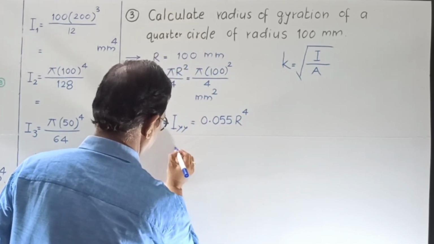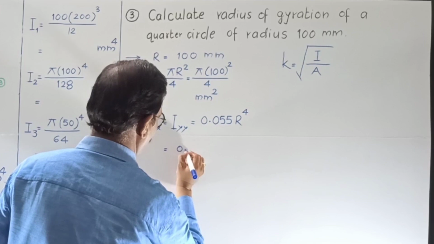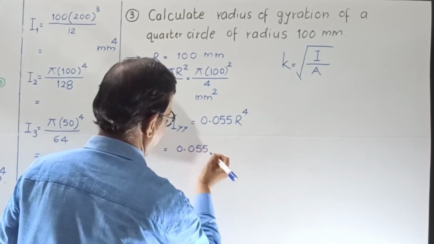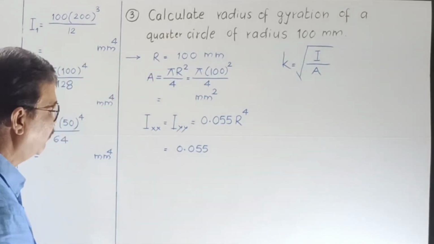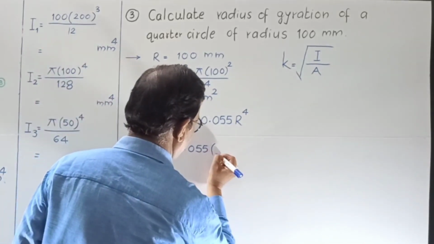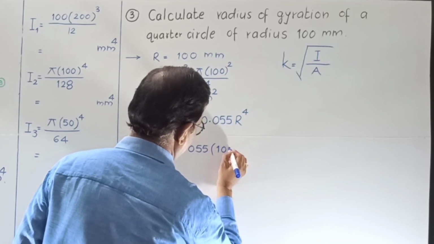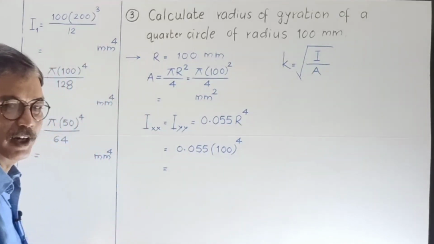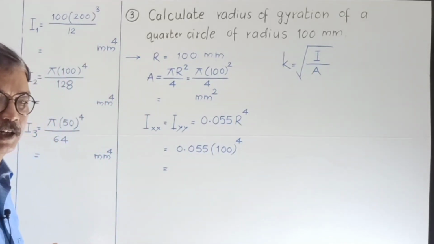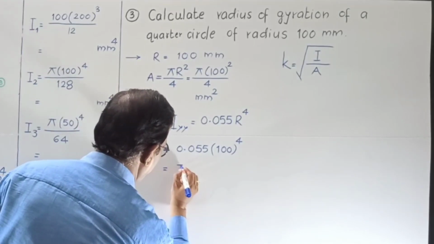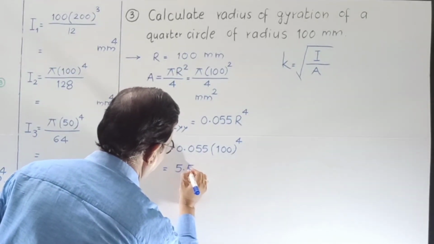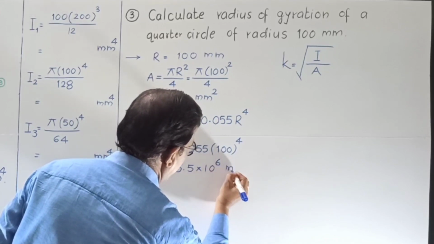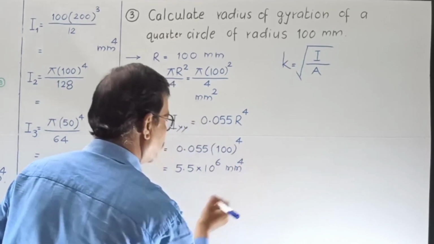Therefore, substitute 0.055 r raised to 4. What is the value of r? 100 raised to 4. And if you calculate it with a scientific calculator, it will come out to be 5.5 into 10 raised to 6 mm raised to 4.